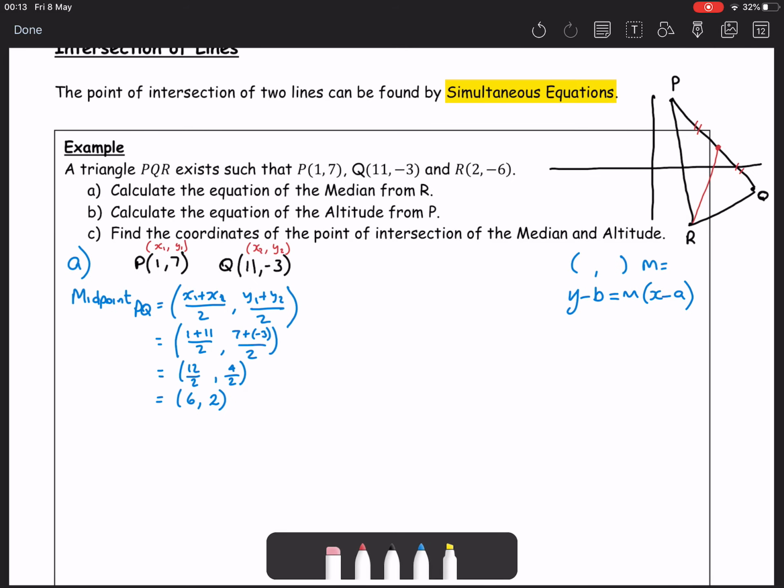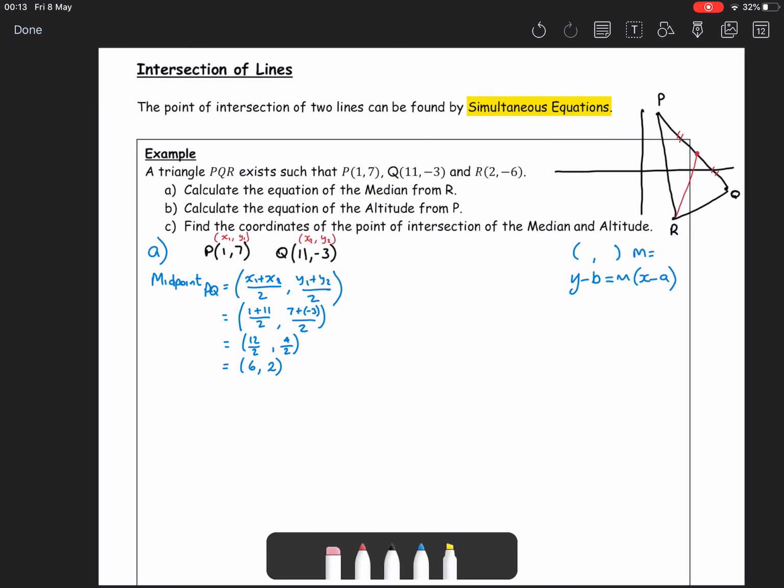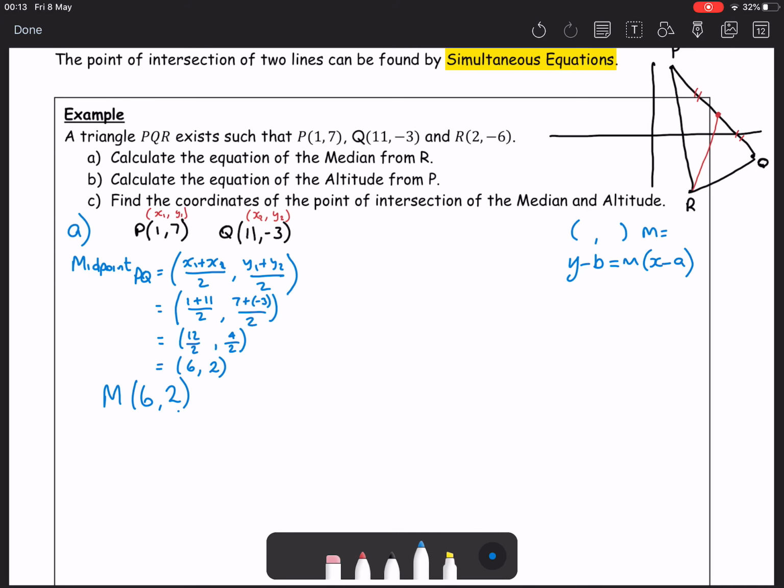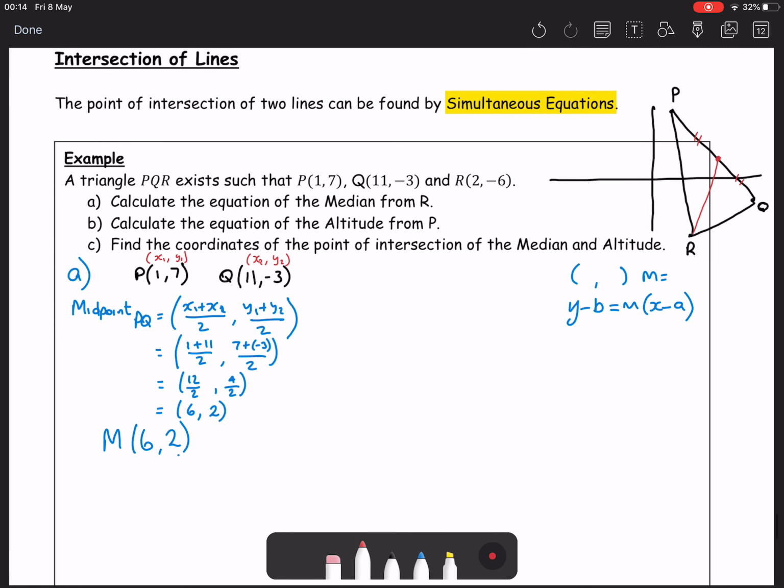So in this case, my midpoint M is (6, 2). I'll mark that on to keep myself right. And my gradient of RM.